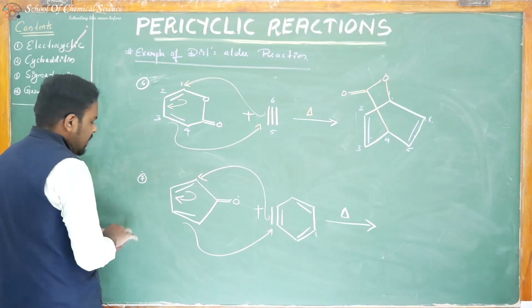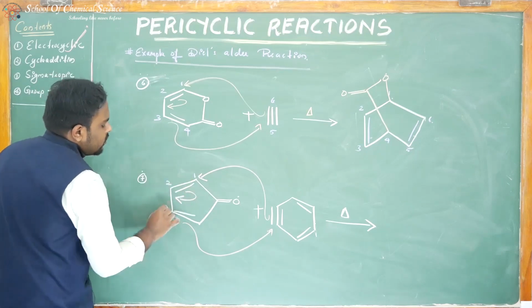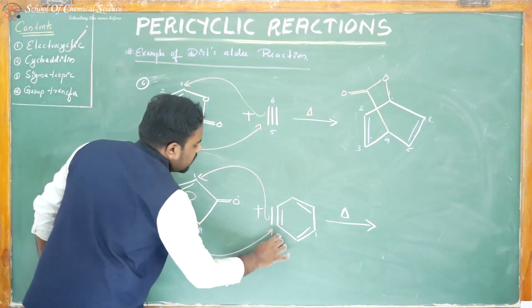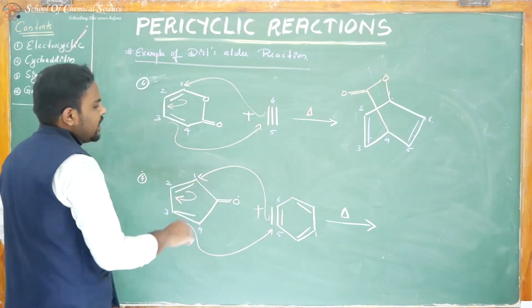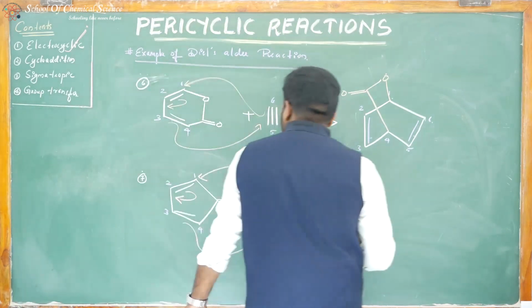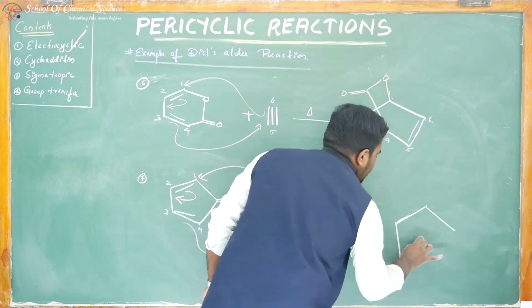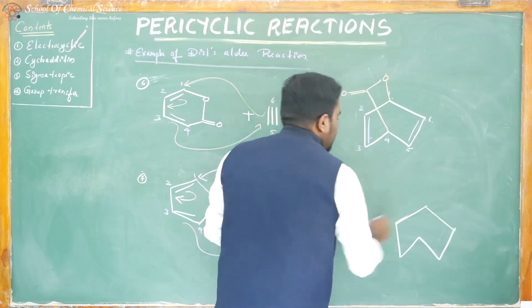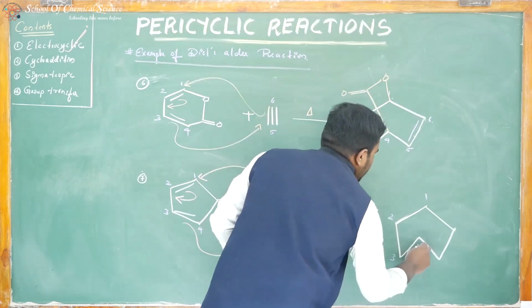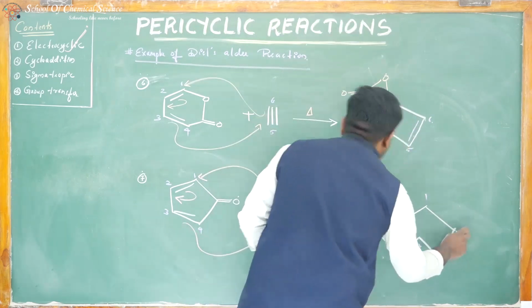So giving numbers 1, 2, 3, 4, 5, 6, a 6-membered ring is formed. That 6-membered ring can be represented in this fashion. Giving numbers, this is 1, this is 2, 3, 4, 5, 6.